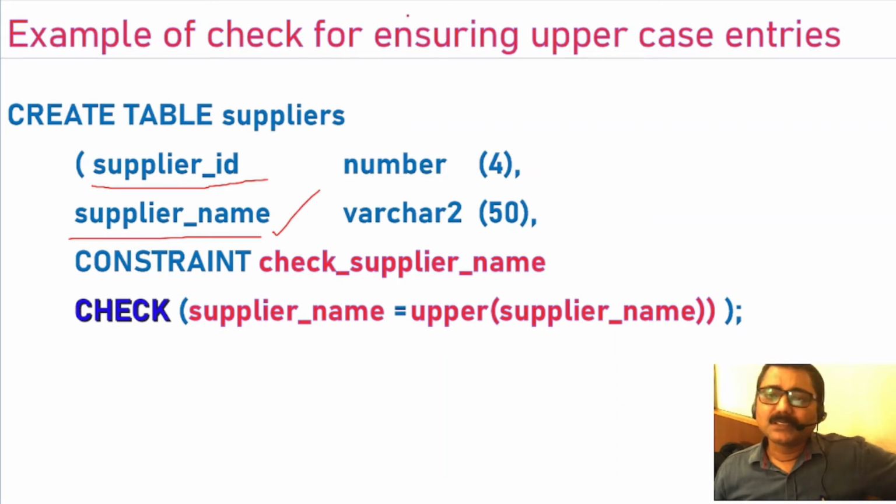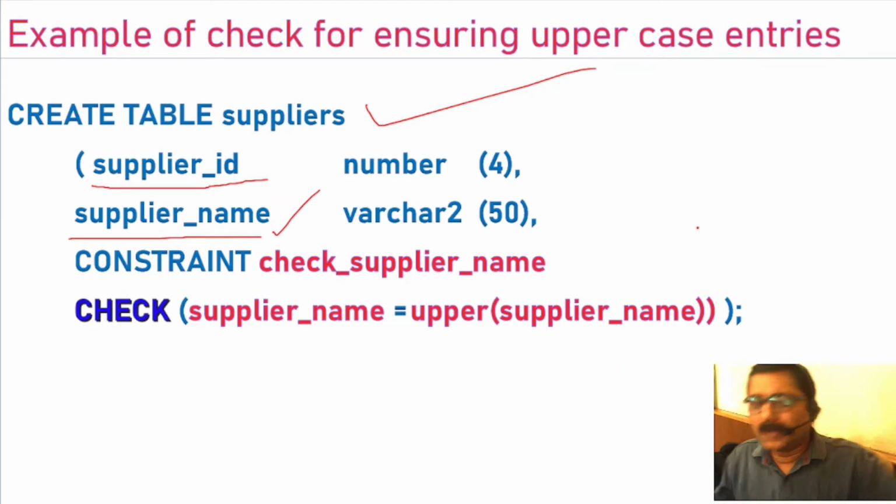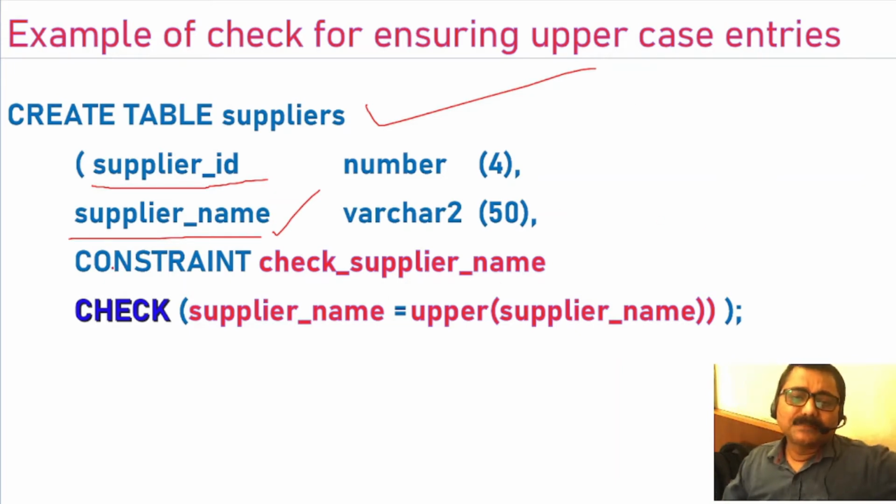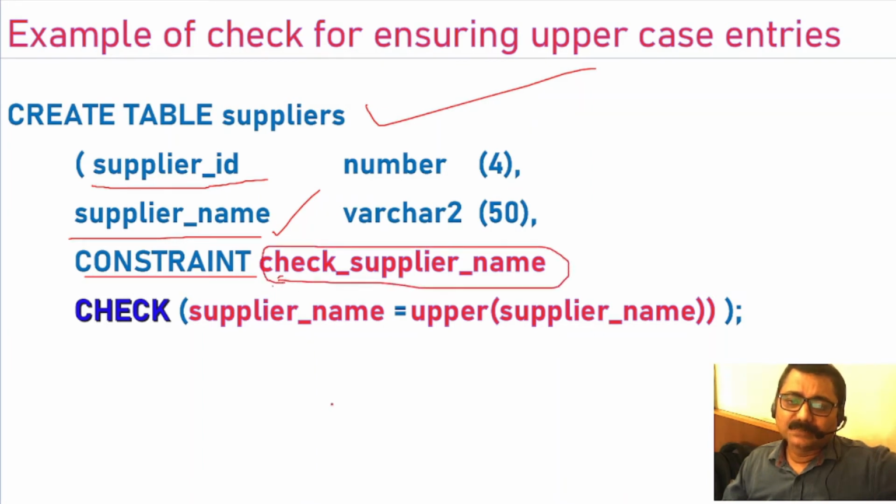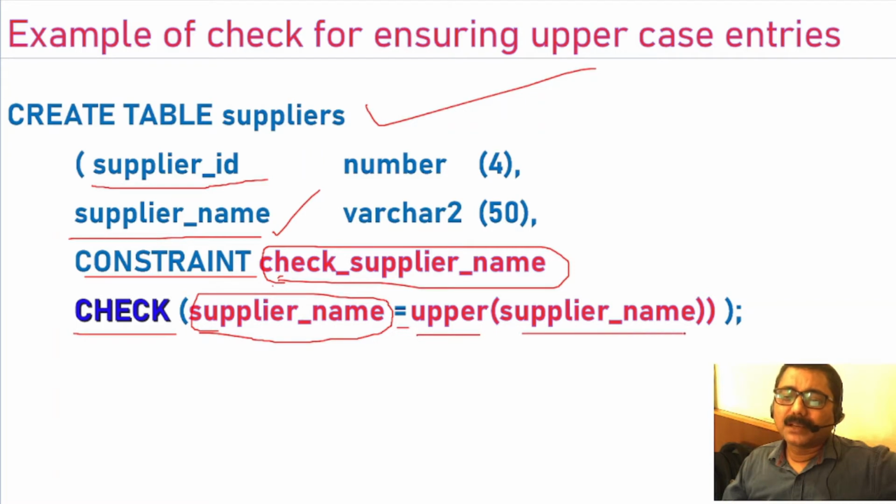It's again very simple. It is an example of adding a constraint with the help of the create table command. Let's see the constraint. This is the name of the check constraint. This is the check keyword, you can say the type of constraint. It says supplier name equal to upper of supplier name.